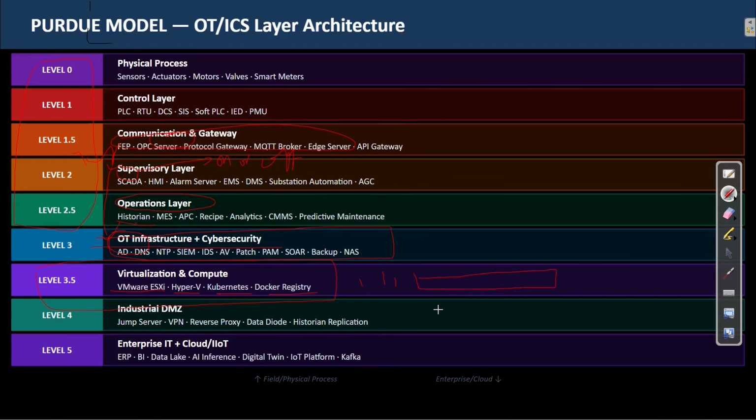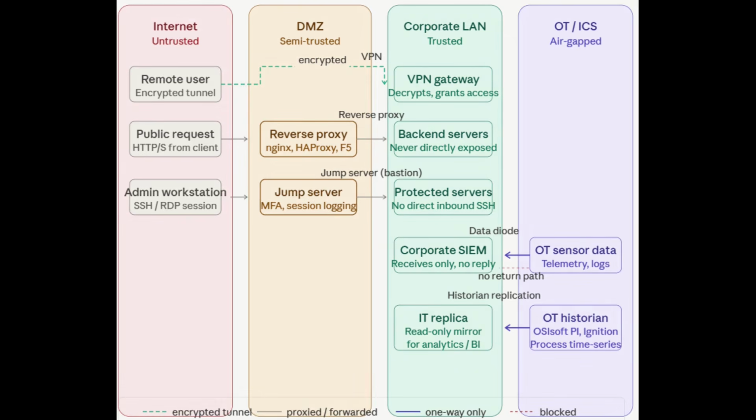Now the next level is level 4, which is called the industrial demilitarized zone, that is DMZ. So this is the security buffer between the IT and OT parts.